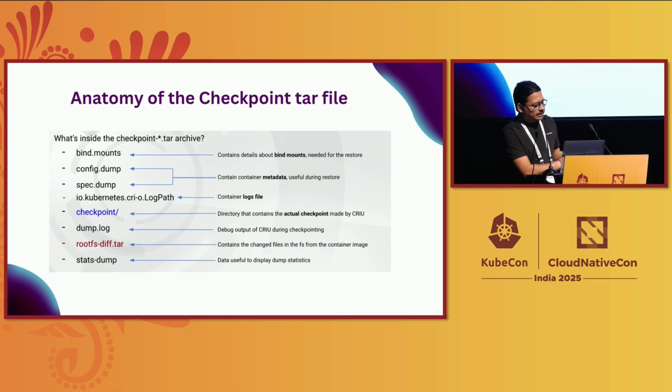Then the checkpoint folder contains all your processes, memory pages, and CPU registers as image files, which you cannot read directly, but there are tools that help us debug them. The dump.log file contains the complete debug output of CRI-O during checkpointing. rootfs-diff.tar contains the changed files within the container image at the point of checkpoint, and stats.dump contains the statistics of that dump.